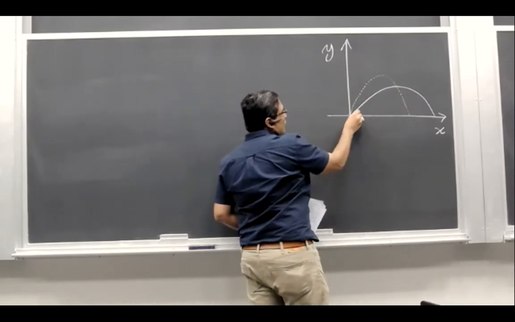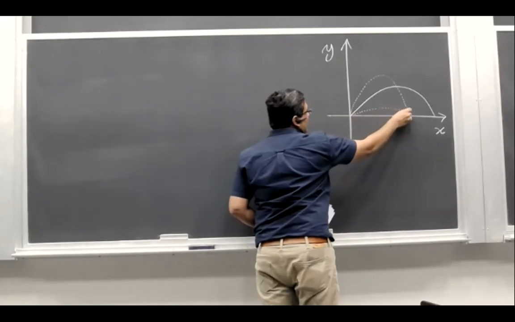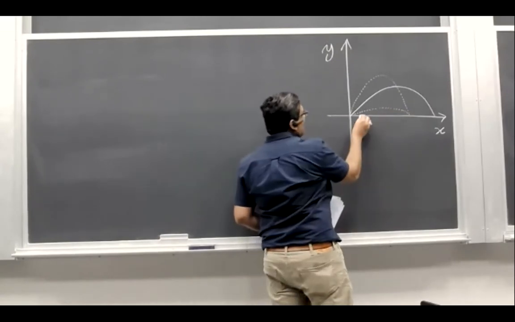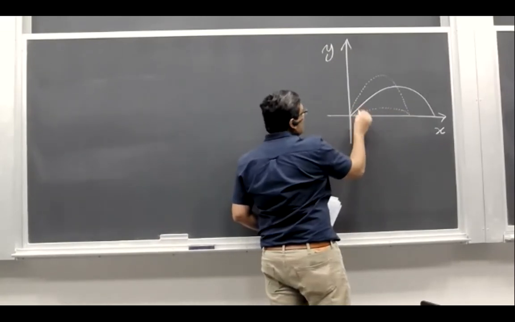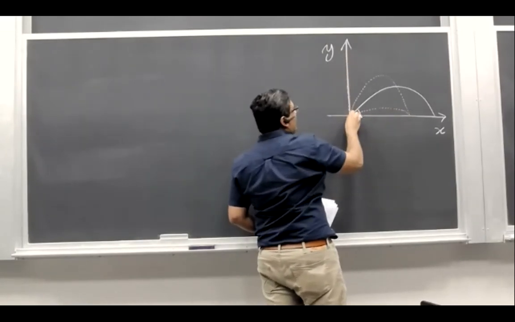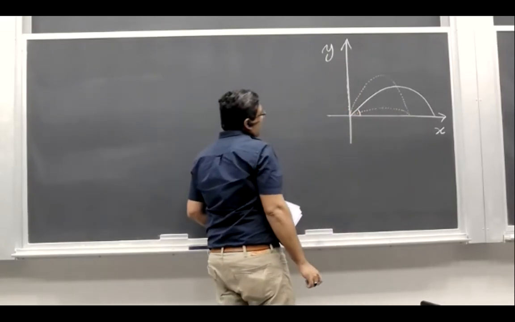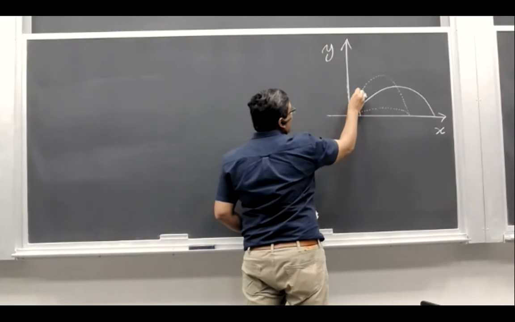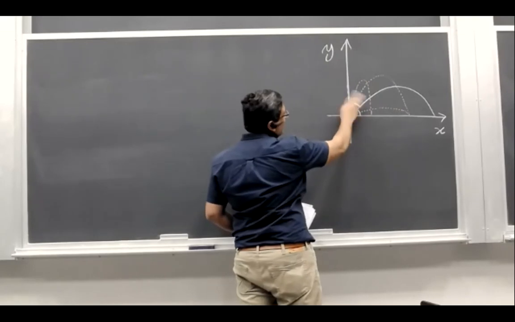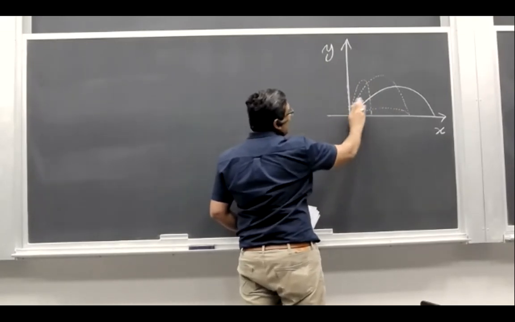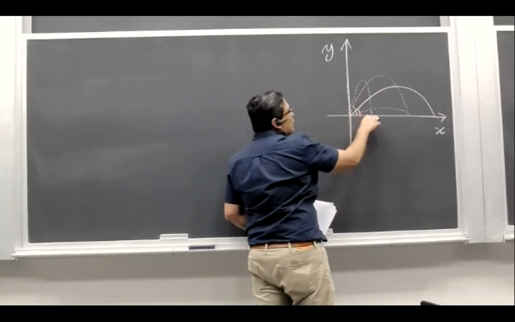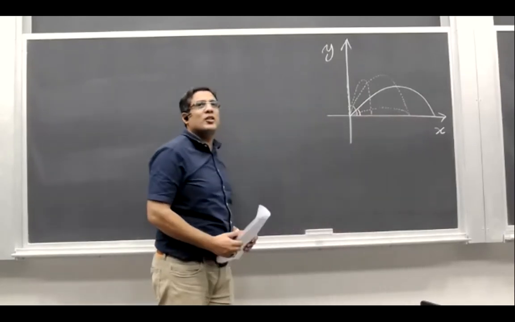If I throw it with a much smaller angle, again, it is going to fall down on the ground much closer to myself. There is going to be an optimal angle between 0 and 90 degrees. Of course, if I throw it at 90 degrees, it would just go up and come down and fall exactly where it started. Then if I start with a small angle, it's going to fall down much closer. We keep decreasing the angle theta, then it goes further and further. And at some point, if the angle becomes too small, it's going to fall closer and closer to myself.